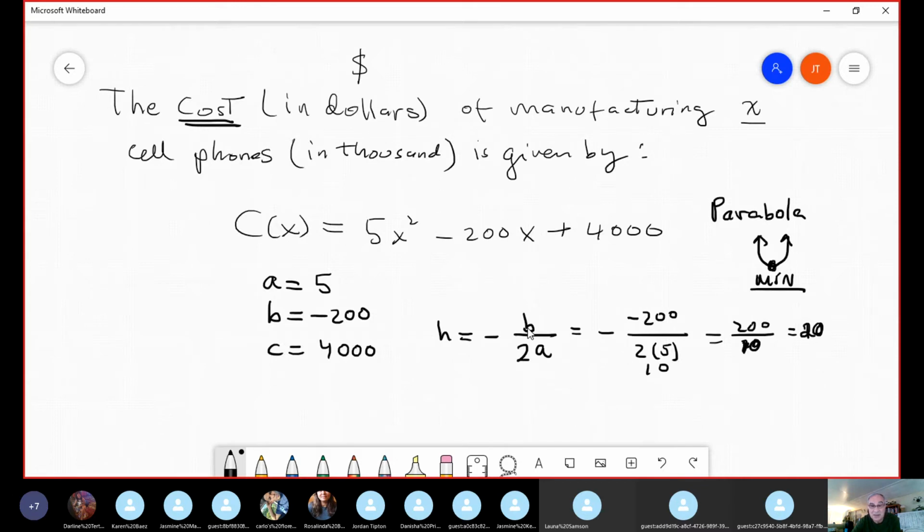So that means 20 is the x value, and in our problem x is in thousands of cell phones.